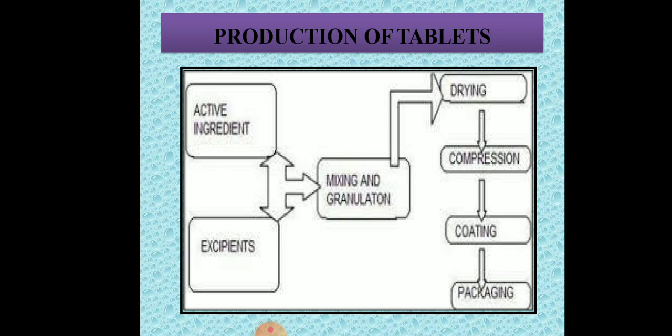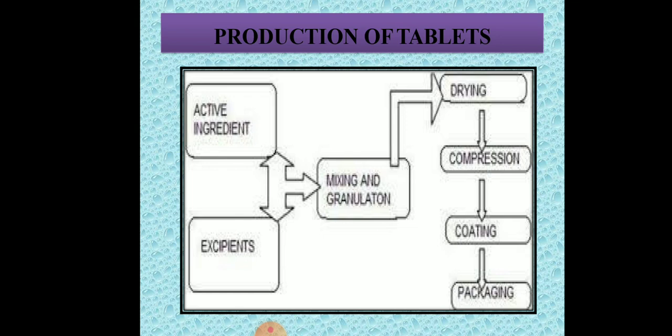Then we perform granulation, then drying of the granules, then we compress the granules. After compression of the granules, we obtain the desired size, shape and thickness of the tablet. This tablet we will coat, and lastly we pack the tablet.